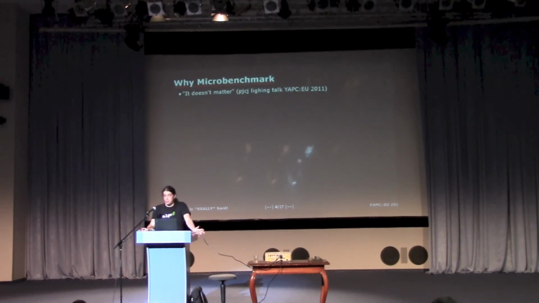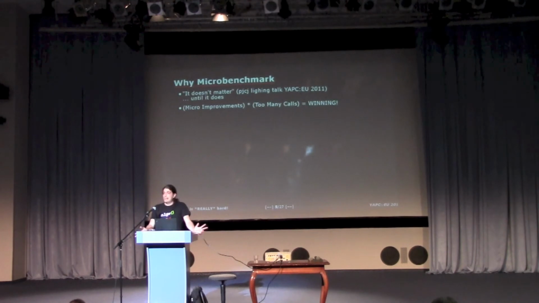in the grand picture of a program, but it doesn't matter until it does, because if you take many small improvements and you multiply them by the many calls that normally happen in a program, like for example, how many times do you call the same accessor over and over again in your program? You can measure it, it will easily go into the tens of millions. Any small improvement automatically will give you enough winning to call Charlie Sheen, most of the time.